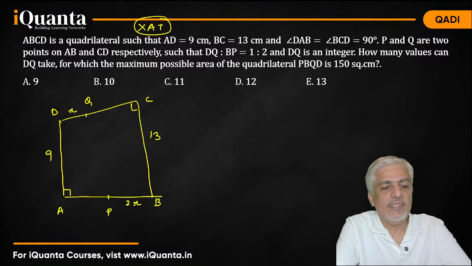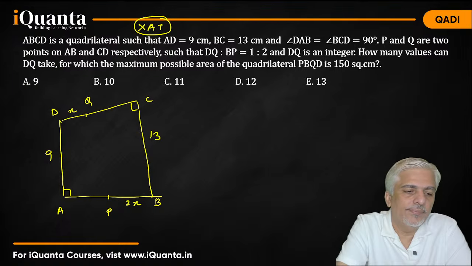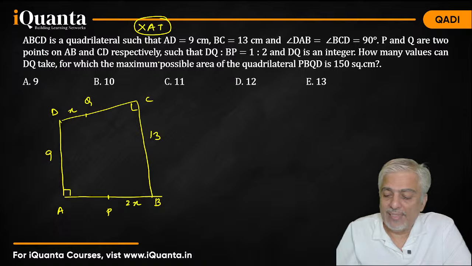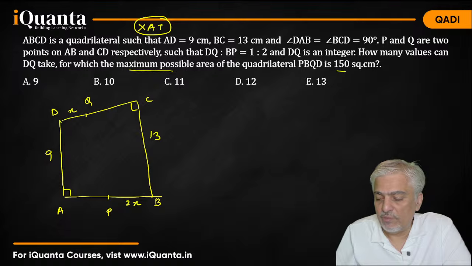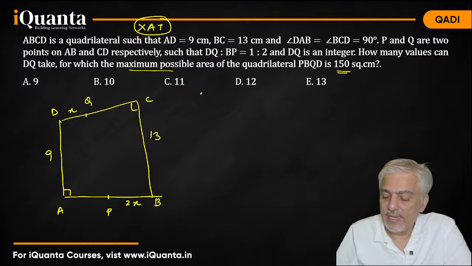Nobody's got the answer yet? Maximum possible area is 150. That means area is less than or equal to 150. The area which we are looking for has to be less than or equal to 150.